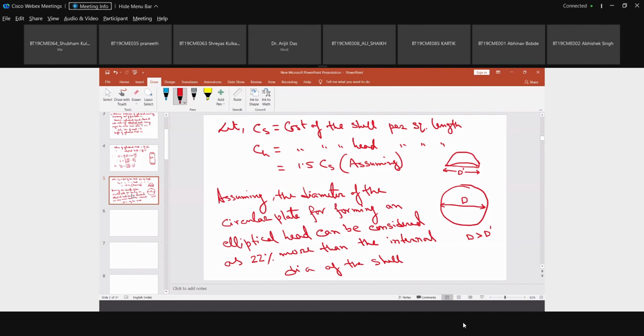It may be more or less than 22%, so this value is also arbitrary.